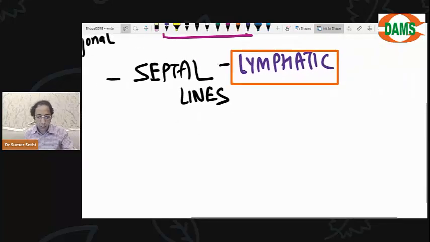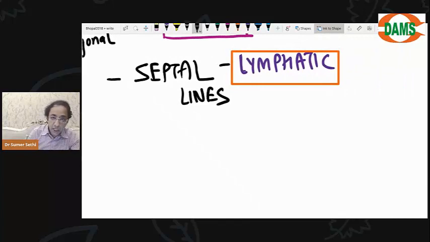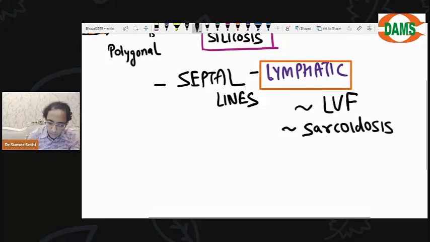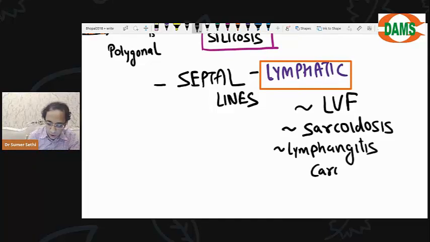So what can happen in the lymphatic? Lymphatics can be engorged with fluid in a patient with heart failure. So this could be heart failure if you have septal thickening. Or lymphatics can be thickened because of a lymph node disease called sarcoidosis. Or there can be a tumor spreading into the lymphatics of the lung, which is called lymphangitis carcinomatosa.